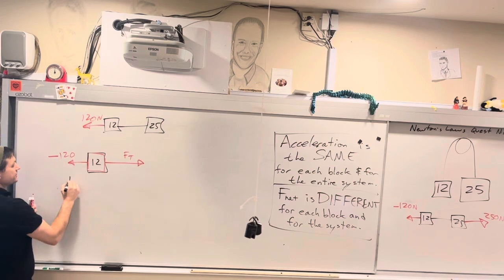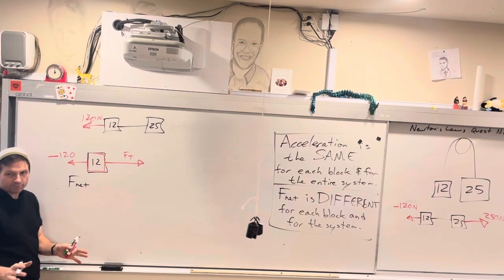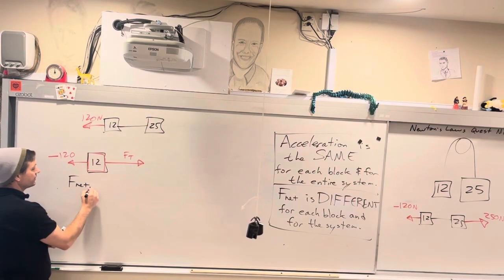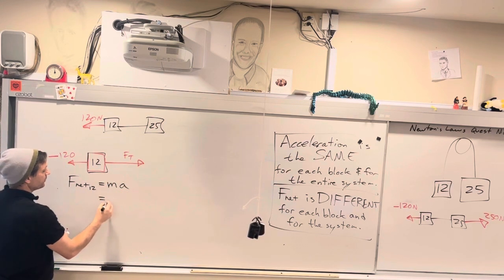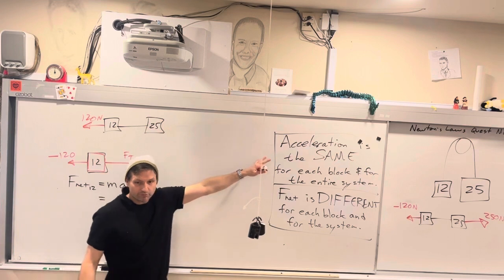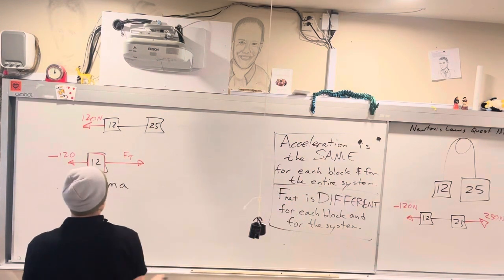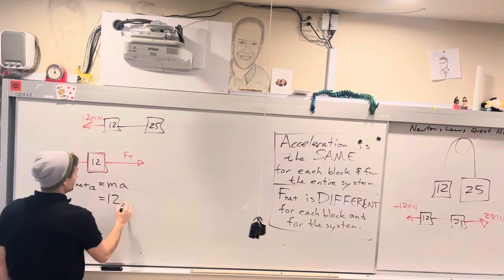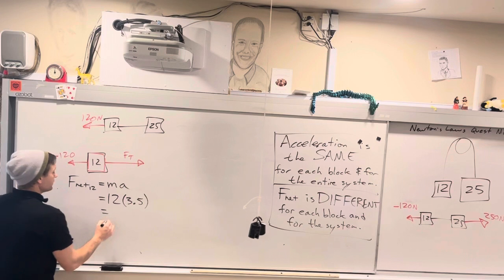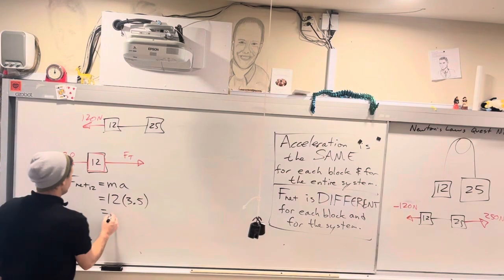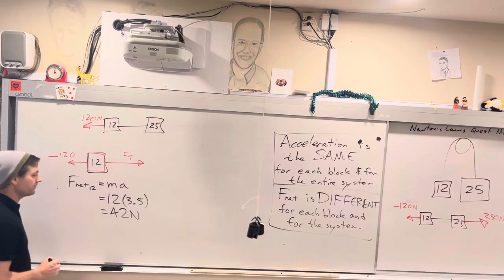So we're gonna find the net force, but this time it's not the net force on the system. It's the net force just on the block. So it's just the net force on the 12. But because acceleration is the same for everything, we can use the same acceleration. So we're going to do 12 times our 3.5, which we calculated before. So that's going to be 36 and 6, which is 42. Right?